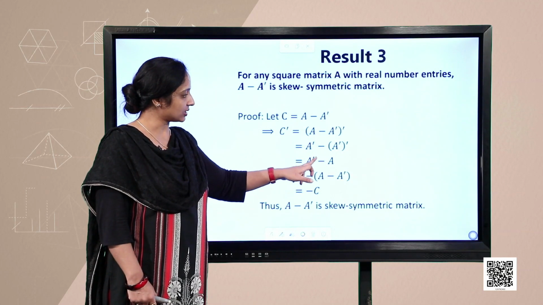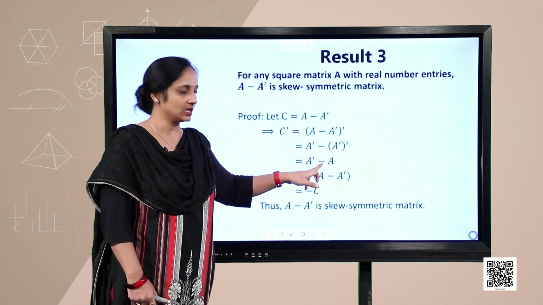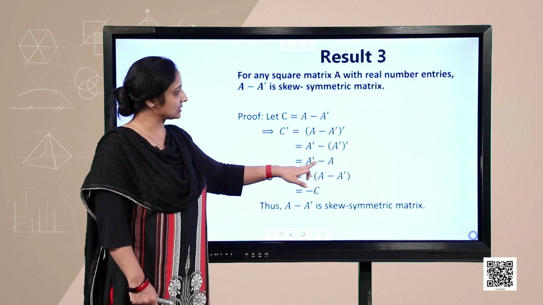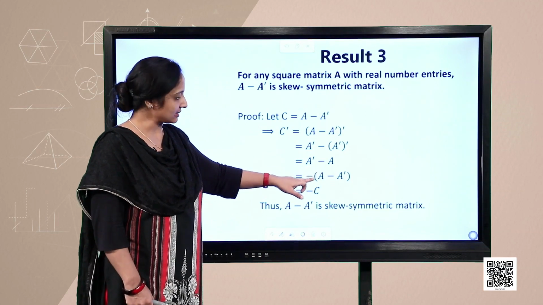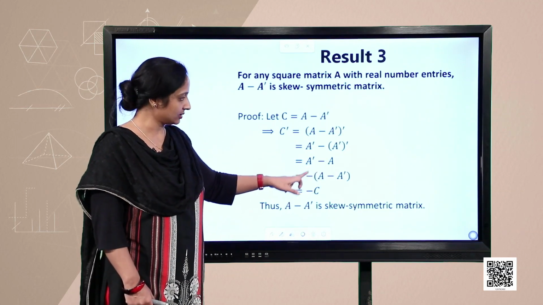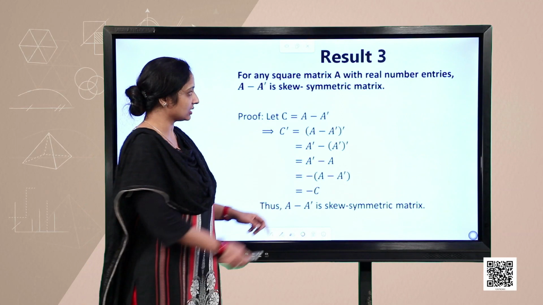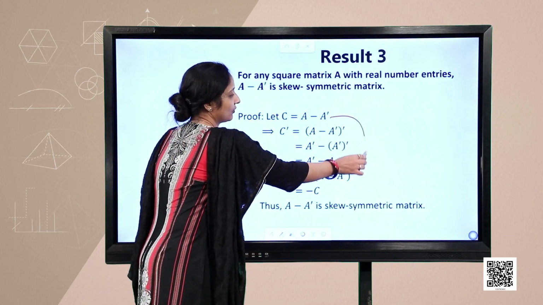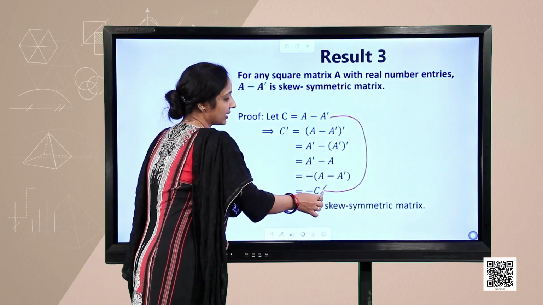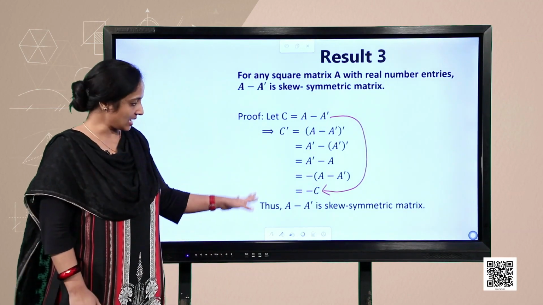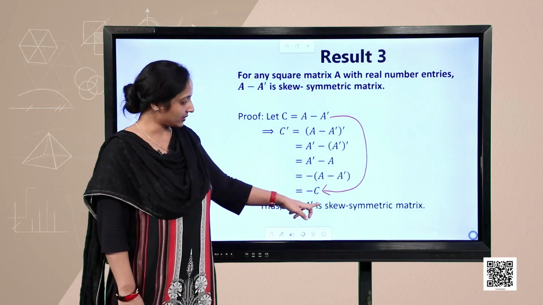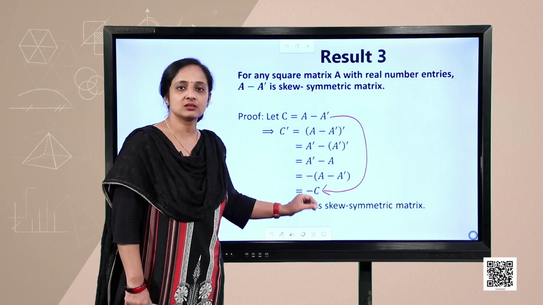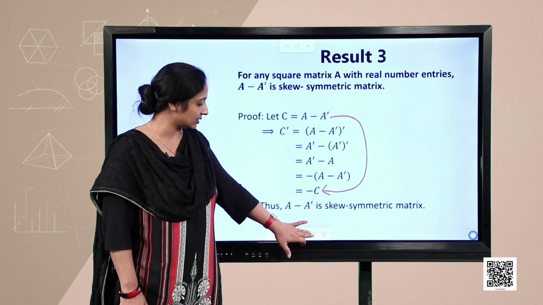So, this is A transpose minus A. So, is there any connection between C and this matrix? Yes, if you take the negative sign common, you will get A minus A transpose, which is negative of your original matrix C. So, that is proving that A minus A transpose is always a skew symmetric matrix.